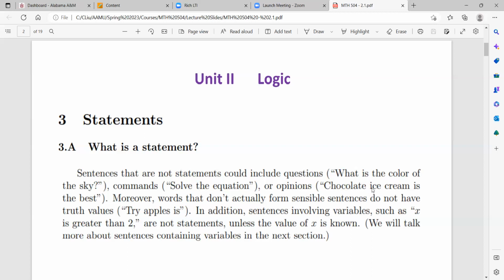What's the standard? It really depends on people. Maybe you think chocolate ice cream is the best, but somebody else does not. So that's just an opinion. It does not have a truth value. You cannot tell whether it's true or false based on some objective standard.